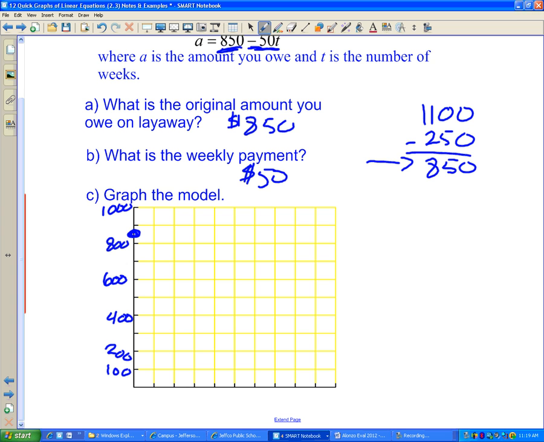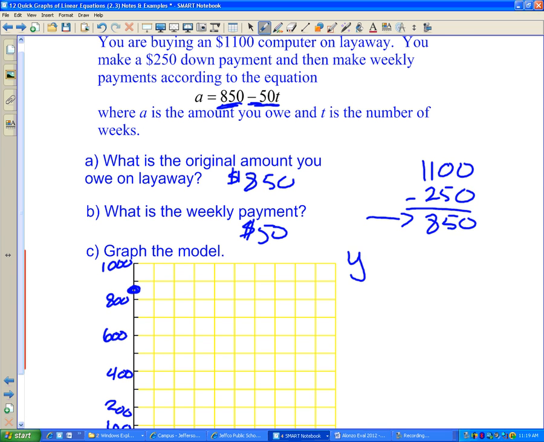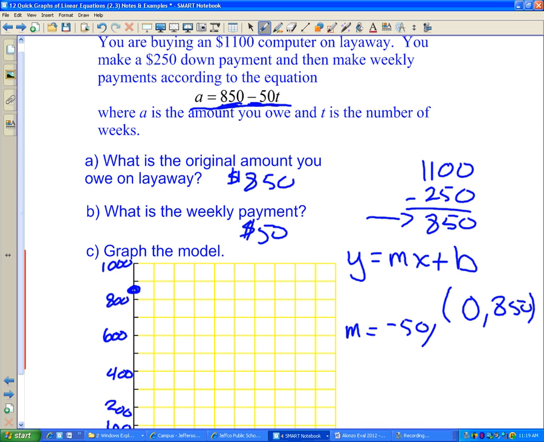Now, why am I putting a dot? Because according to my graph, this is the same as y equals mx plus b. That's what this form right here is. My b is the coordinate (0, 850). My slope is -50 over 1.